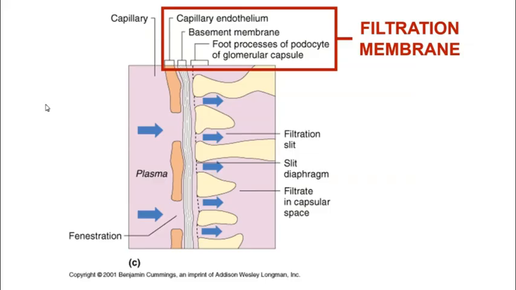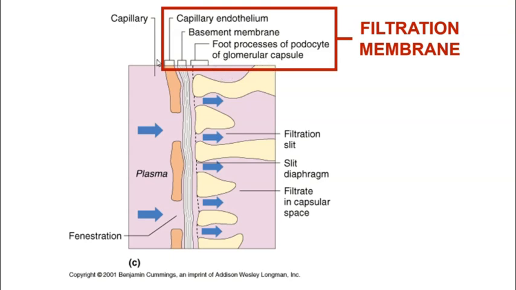I wanted to highlight this structure here since we've already talked about it in a couple of contexts. The structure called the filtration membrane. And the filtration membrane is made of these three layers that we talked about previously. The capillary endothelium, which is the wall of our glomerular capillaries. The basement membrane, which is the glycoprotein or sugar protein glue that fuses the capillary endothelium to the foot processes of the podocytes in that glomerular capsule there.